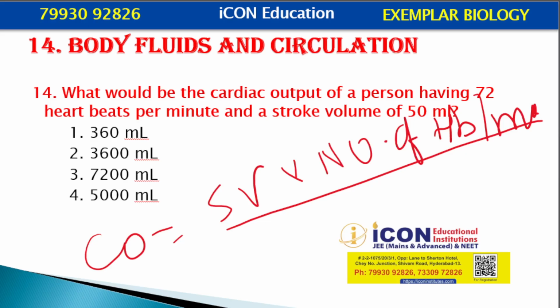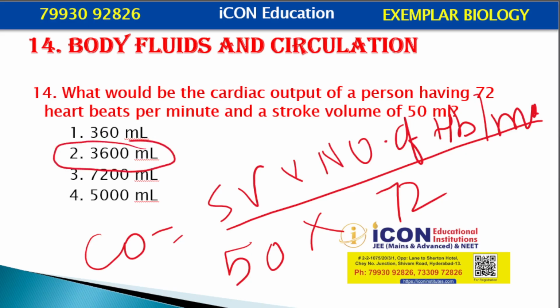A person having 72 beats, and the stroke volume is given as 50 ml. So 50 into 72. So what will be our answer here? 3600 ml. Okay.